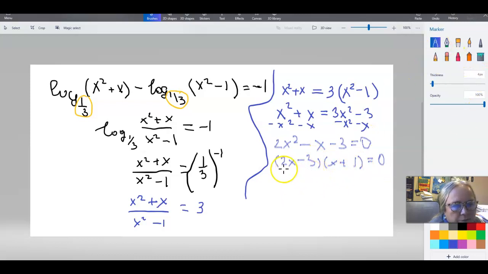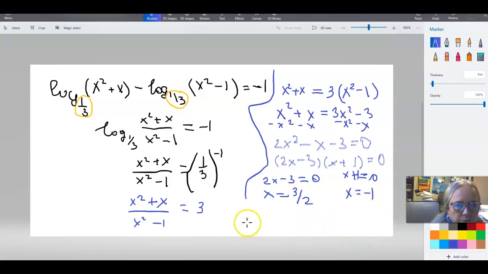And next step, we're going to solve each linear equation like we used to do when we solve a quadratic equation. So we have x plus 1 equals 0, and from the other factor we get x equals 3/2, and from here we have x equals negative 1.